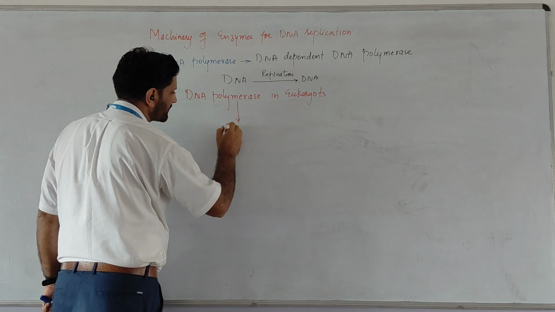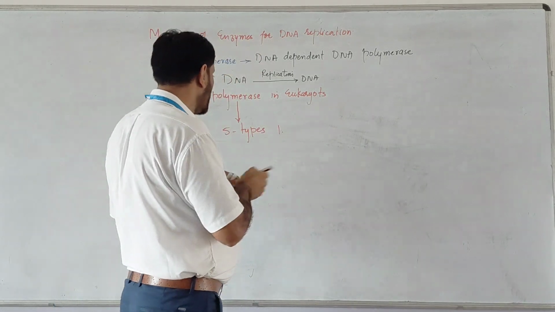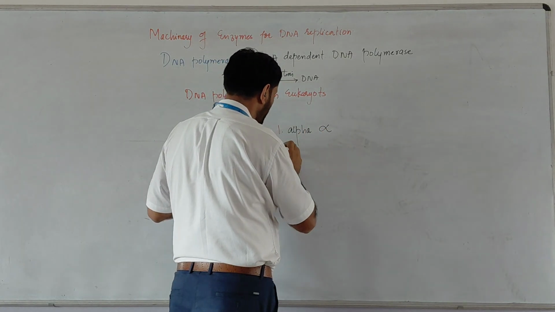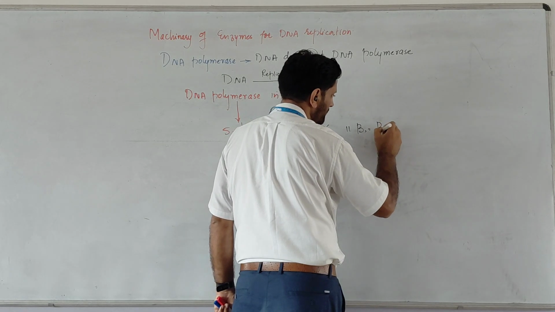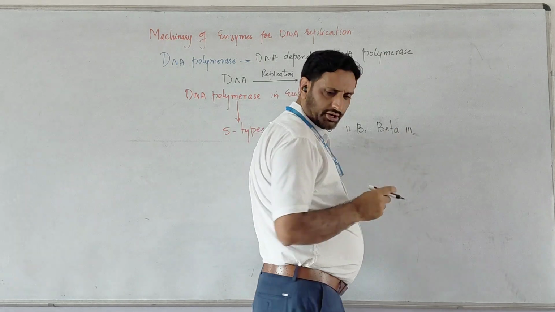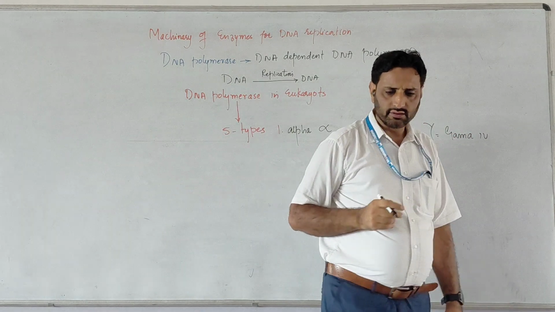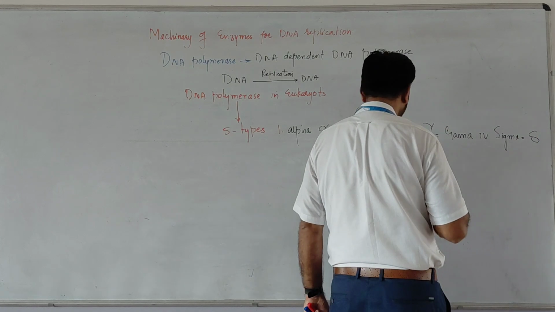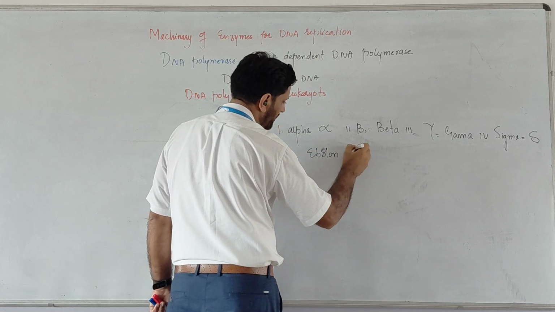Number one is alpha, second is beta, third is gamma, fourth is sigma, and the fifth is epsilon.